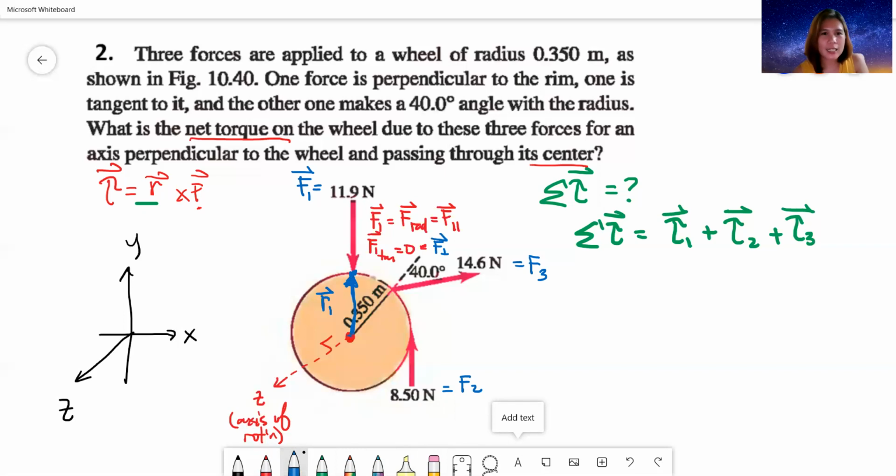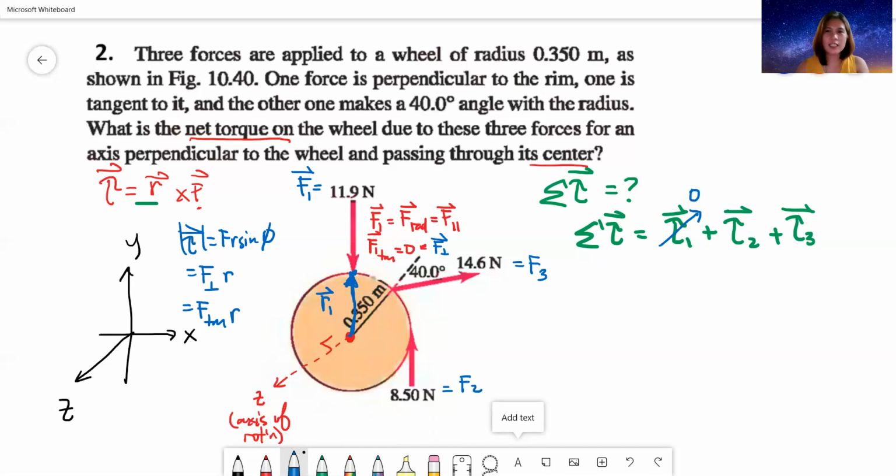So, since the magnitude of torque is F R sine phi, we also know that it's F perpendicular times R, or F tangential R. So in this case, since F1 has no tangential and no perpendicular component, then obviously there is no torque because of F1.